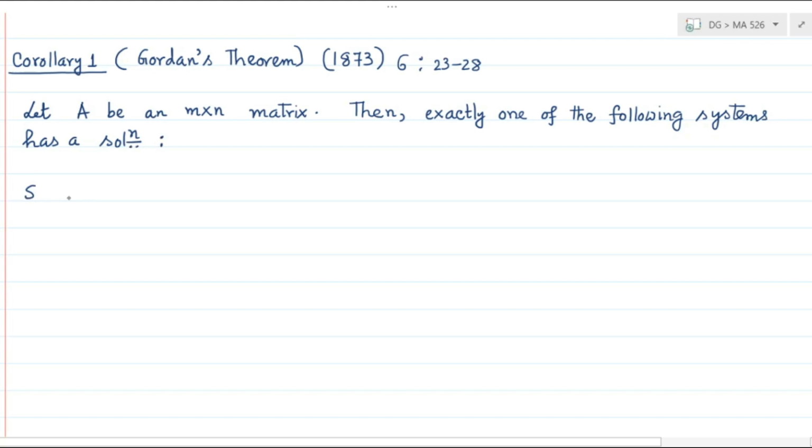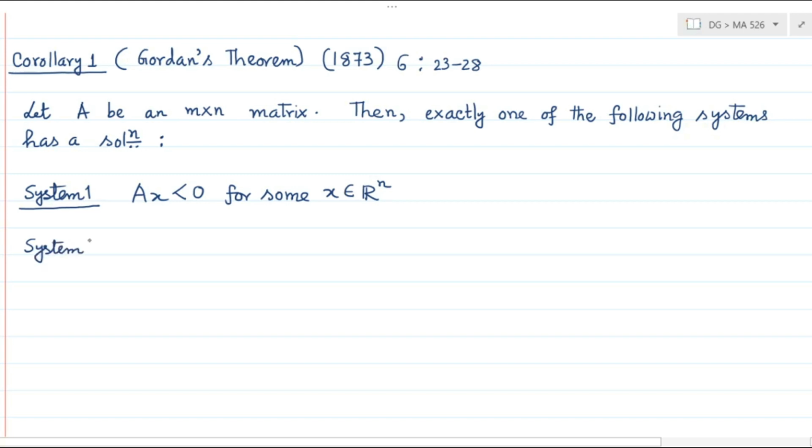System 1 is: Ax is strictly less than 0 for some x belonging to Rn. That is, there exists one x such that Ax is less than 0.